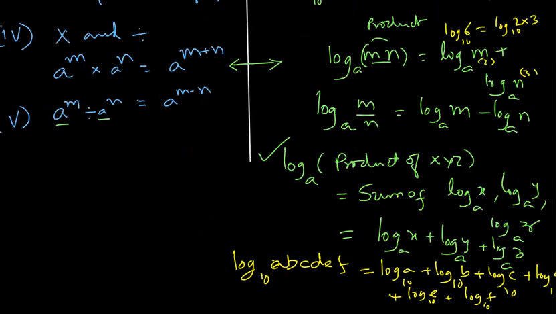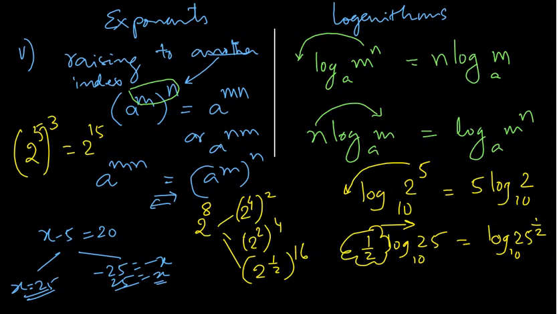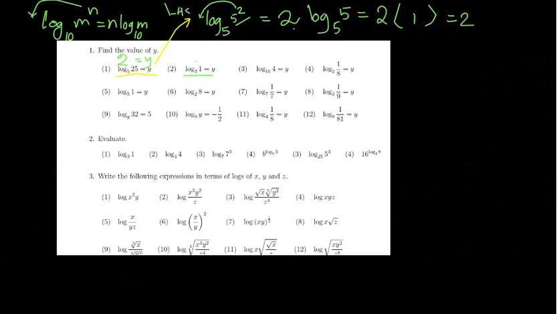Then again you see 4 and 16. I would like to write 4 in terms of 16 so that I can apply the same rule. So what's the relation between 16 and 4? The square root of 16 is 4, right? So 16 to the power of half is 4.